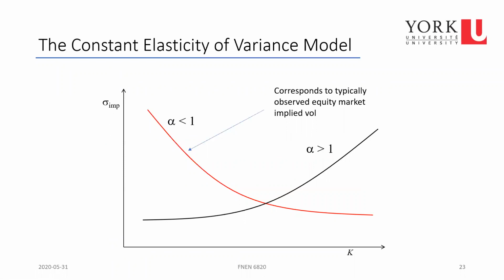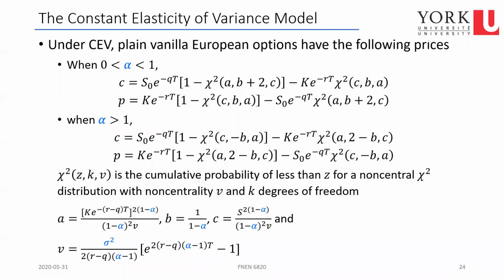So you can use the observed simple option prices like calls and puts, and utilize this closed form solution so that you are able to back out what the alpha term is and what the volatility term is.